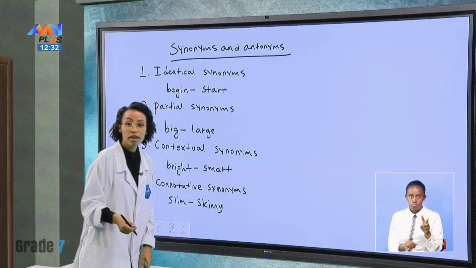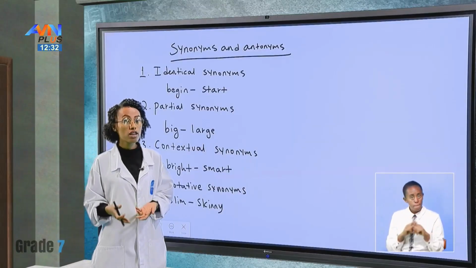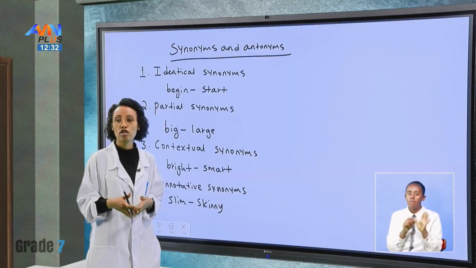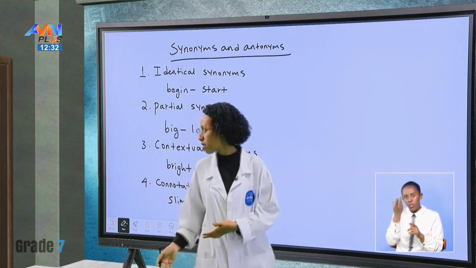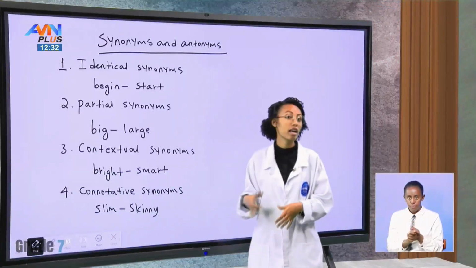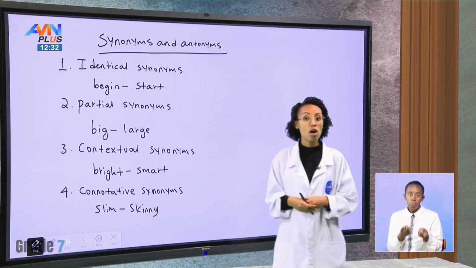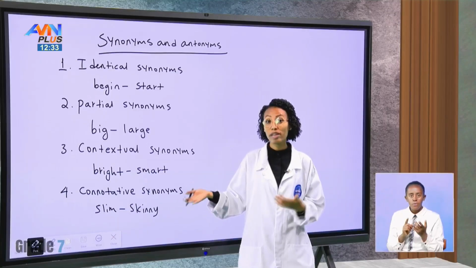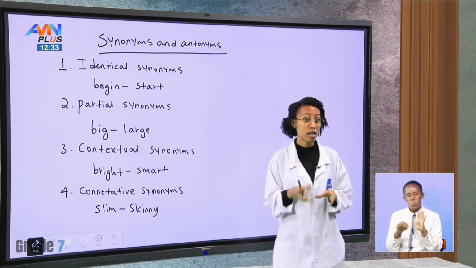If you see here, they both have the same meaning, but their connotational meaning may be different, for example, in case of emotion or in case of culture as well. In our cultures, for example, in Ethiopia's culture, or a lot of African countries' cultures, if you say someone is skinny, you're saying it in a negative way instead of a positive way.